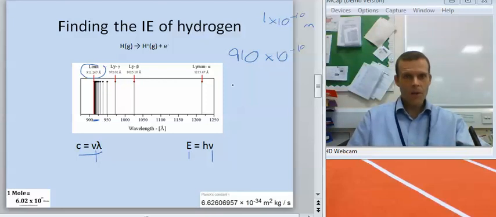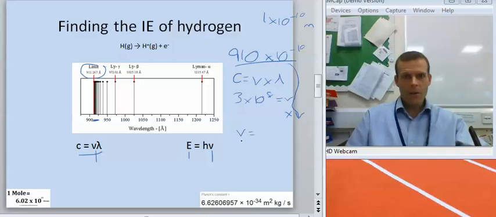Right, so we're going to use our relationship c equals frequency times wavelength. And our speed of electromagnetic radiation is 3 times 10 to the 8. We don't know the frequency. Lambda we've got here, so that can go in there.